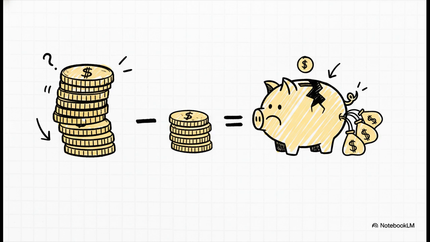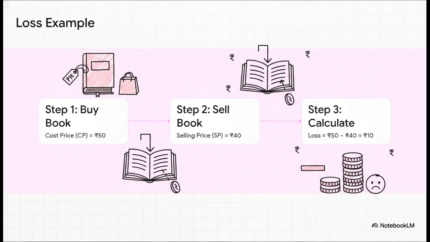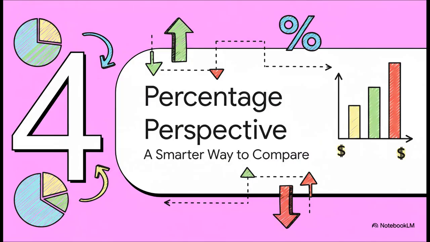We switch the order so we still get a positive number that tells us exactly how much we lost on the deal. For instance, say you buy a book for 50 rupees. That's your CP. But maybe nobody wants it, so you have to sell it for just 40 rupees, which is your SP. You take your cost price, 50, subtract the selling price, 40, and you're left with a 10 rupee loss.